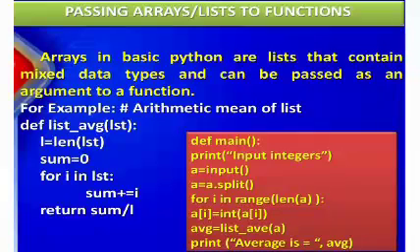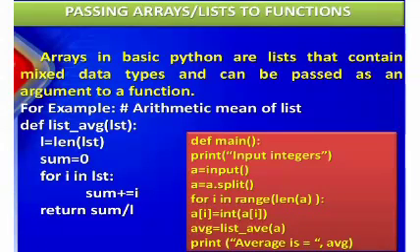Arrays in basic Python are lists. A list is a data type that contains the arguments sequentially with mixed data types. It may have integer, floating, string or constant values, and can be passed as an argument to a function.